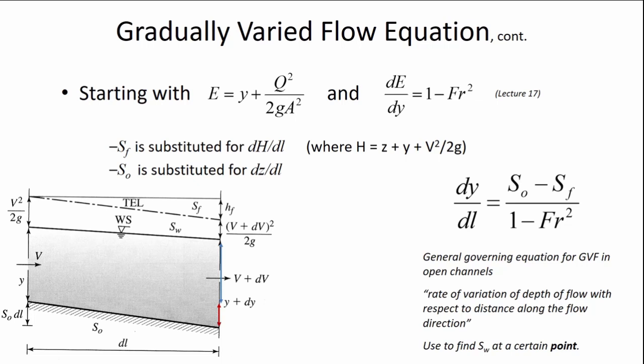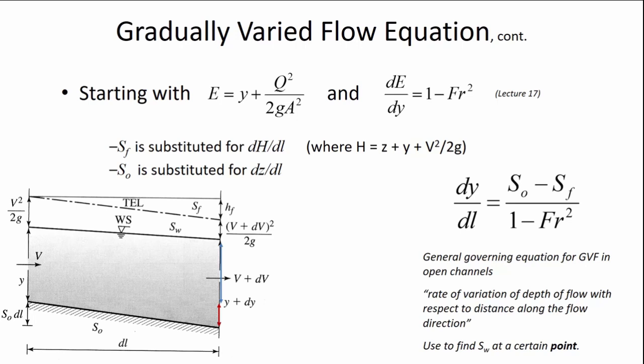And so just to exaggerate, we've got the water getting deeper here. Let's say maybe it's approaching some sort of an obstacle, and that's why it's getting deeper. So it's getting deeper like this. It's not a straight line, it's curved.